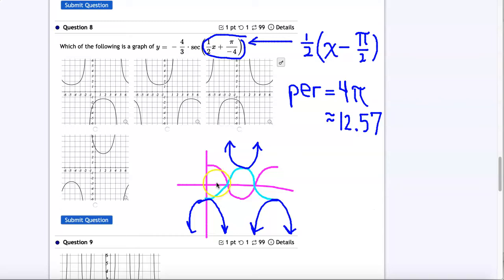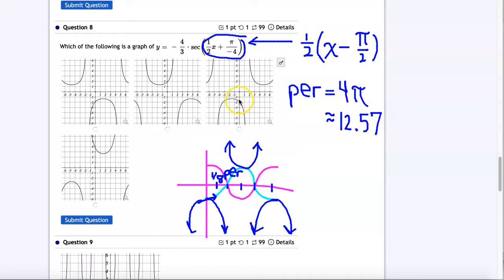So 1/8 of the period, if these are the quarter cycles, would be about that much. So this is about 1/8 of the period, not 1/8 necessarily on that mark on the axis, but 1/8 of a period. So we're looking for a graph that has shifted over just a smidge to the right.